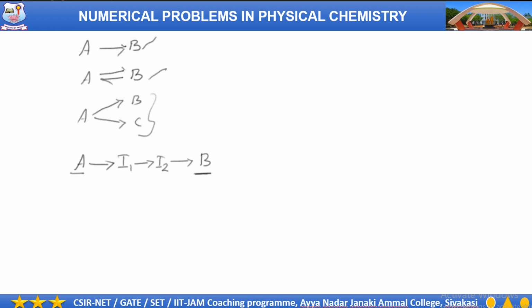You can come across such sequential reactions. We write them for writing the mechanism of the complex reactions. In the complex reactions, they are taking place in two or more steps.